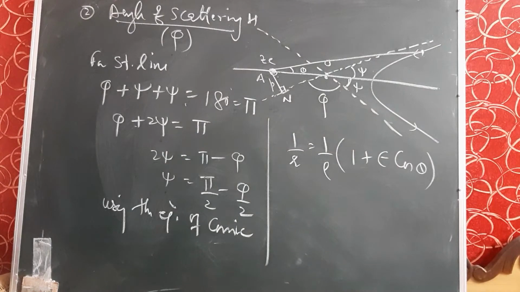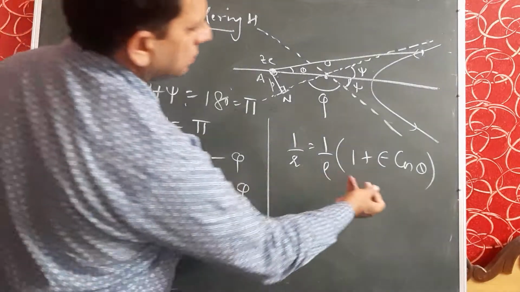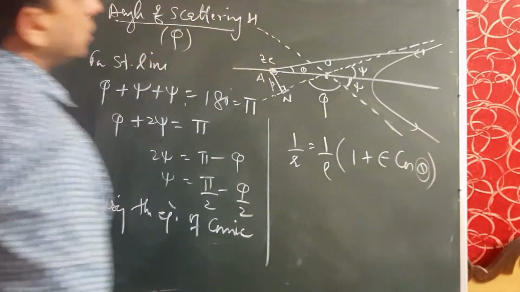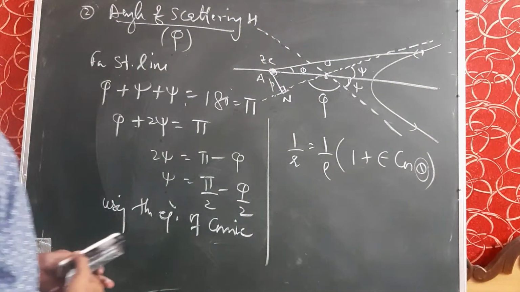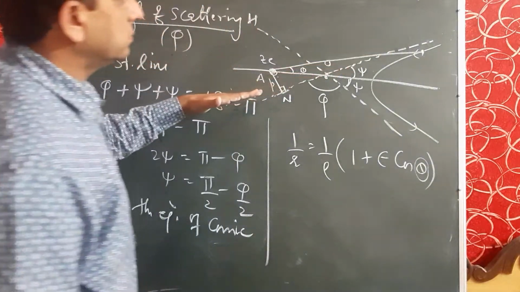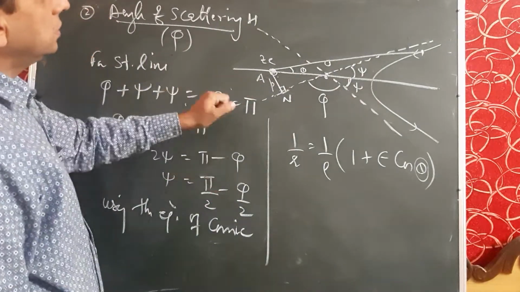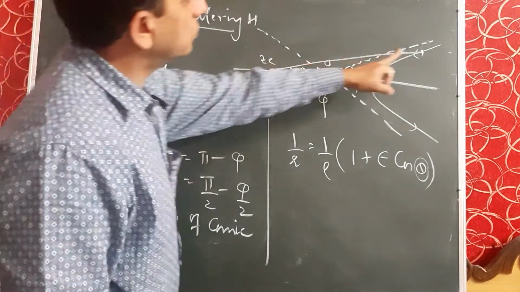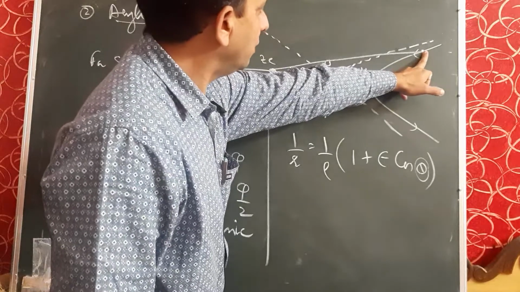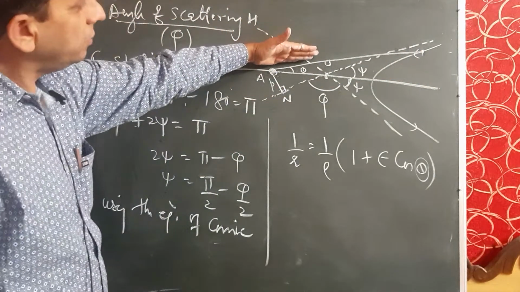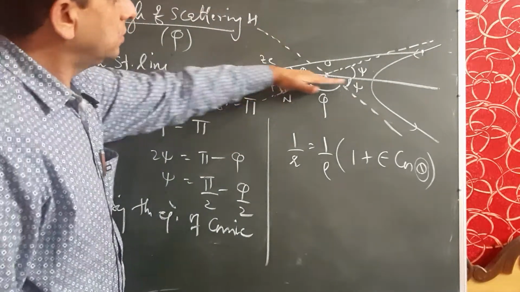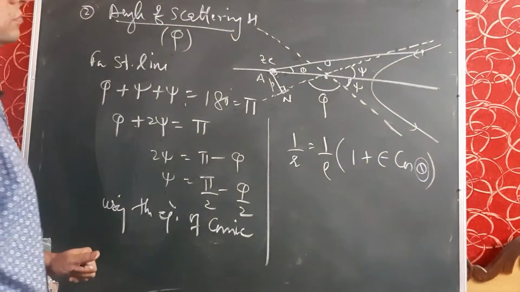You know that. As we know, this is the asymptotic line, and the line from the point to the alpha particle makes an angle theta with the x axis.